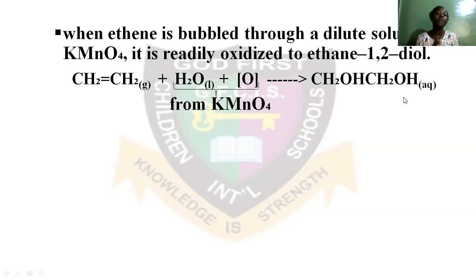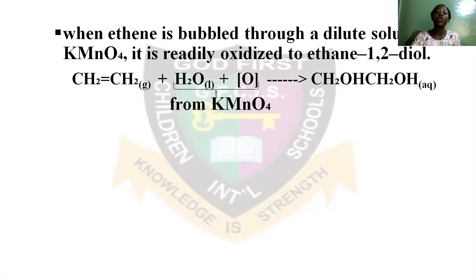Now this reaction is very important because it's used to test for unsaturation. Usually, potassium permanganate, which is potassium tetraoxomanganate(VII), is purple in color. So in the presence of an unsaturated hydrocarbon, the purple color turns colorless. So that shows you the presence of an unsaturated hydrocarbon.